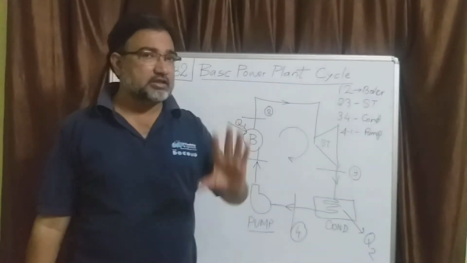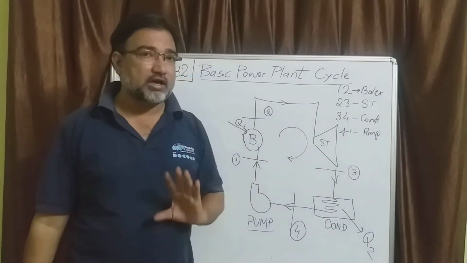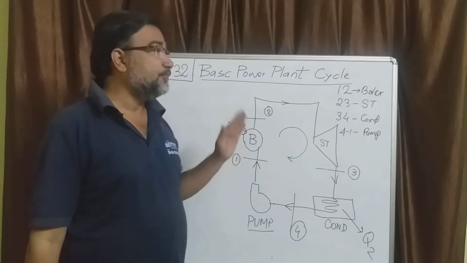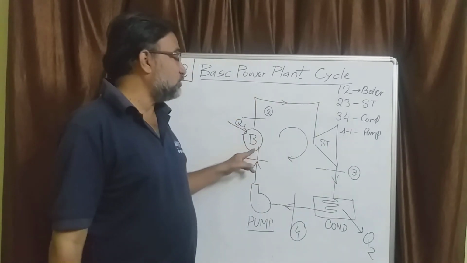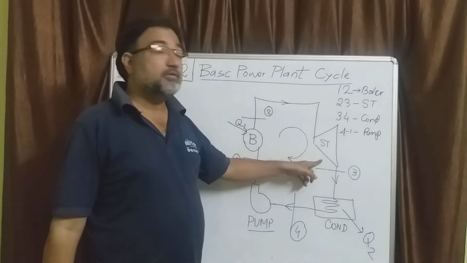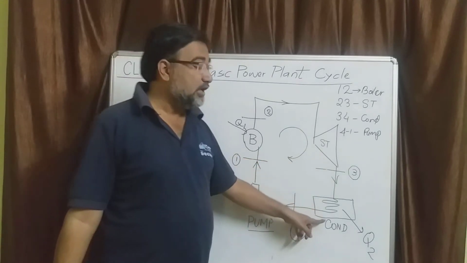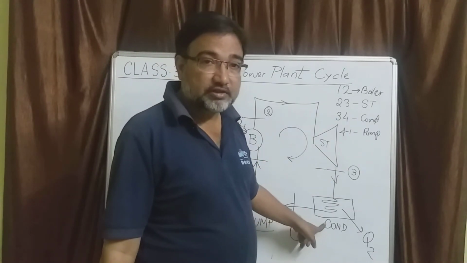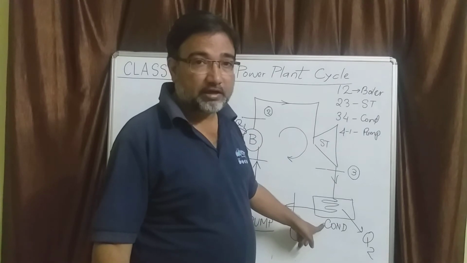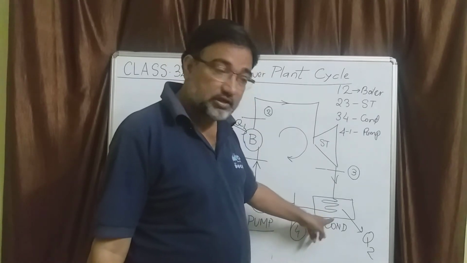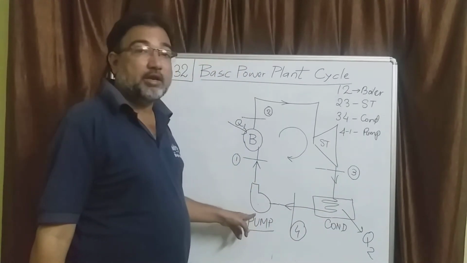If you see, this is somewhat similar to the Carnot cycle. In the Carnot cycle, you have isothermal heat addition, here you have isobaric heat addition. Then you have reversible adiabatic expansion there, and reversible adiabatic expansion here. There you have isothermal heat rejection, that is not possible practically, so you have isobaric heat rejection here, and then reversible adiabatic compression.